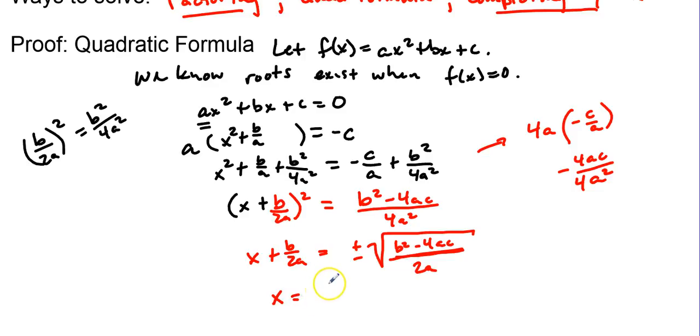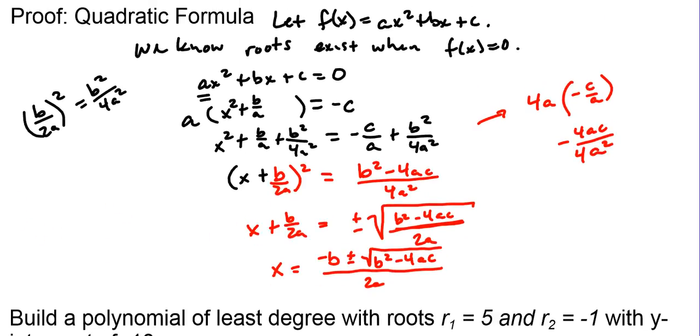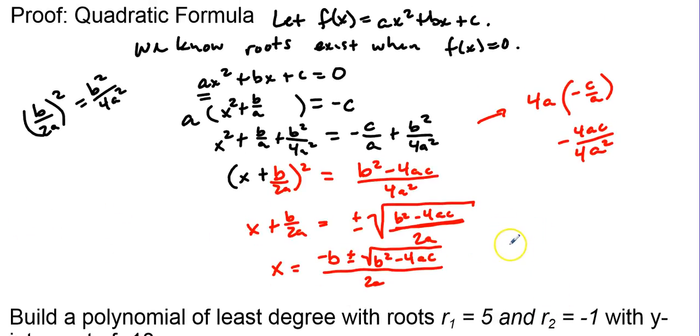We're going to be left with x equals negative b over 2a plus or minus, and notice that we've got common denominators, so I'm just going to go ahead and simplify that. So that's the square root of b squared minus 4ac over 2a. And our conclusion, I ran out of room here, but remember we always want a conclusion.